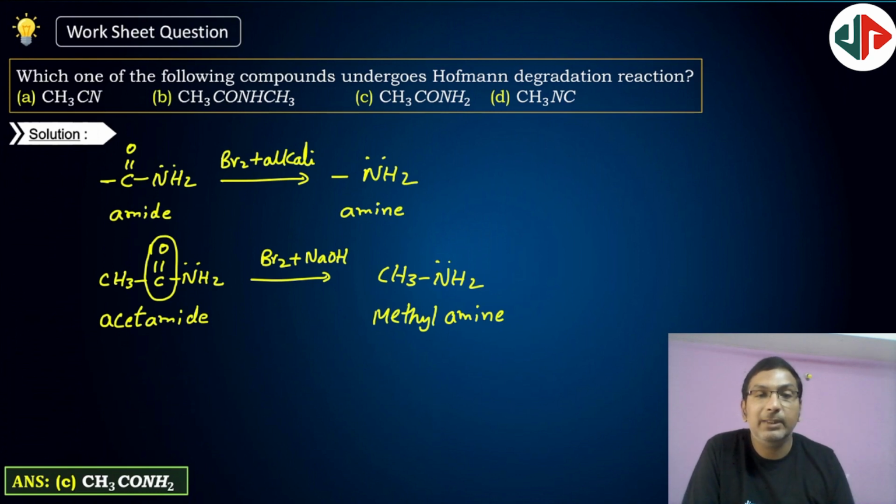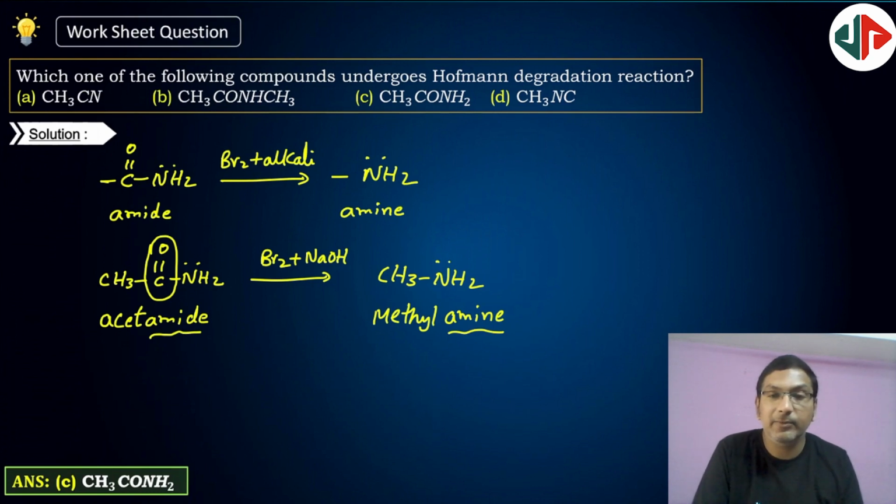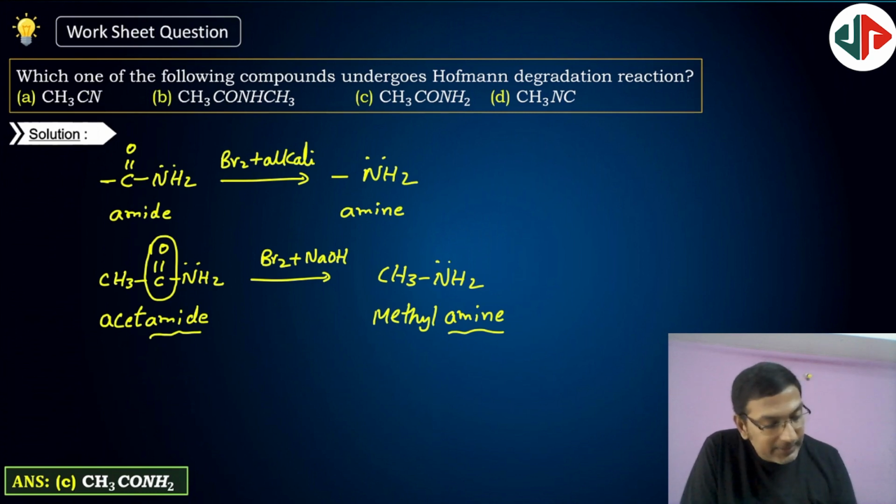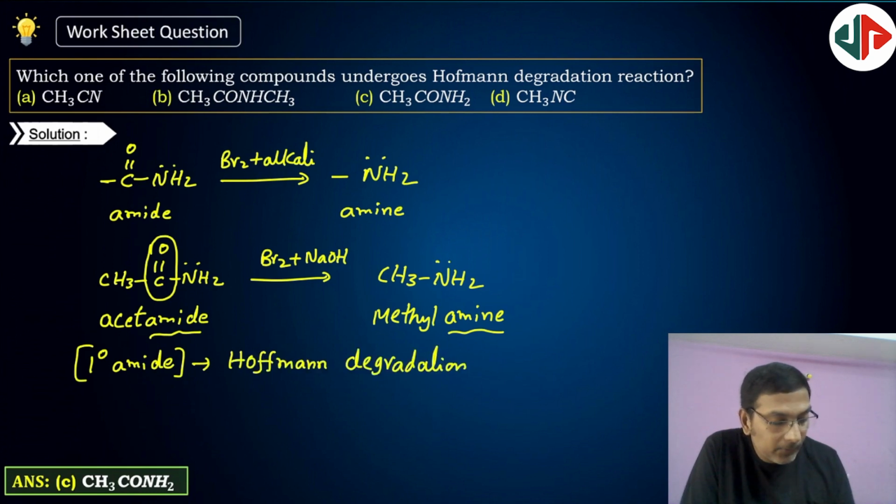Amide will be converted to amine in the presence of bromine and alkali. So this will be known as primary amide. So primary amide undergoes Hoffman degradation reaction or Hoffman bromide reaction.